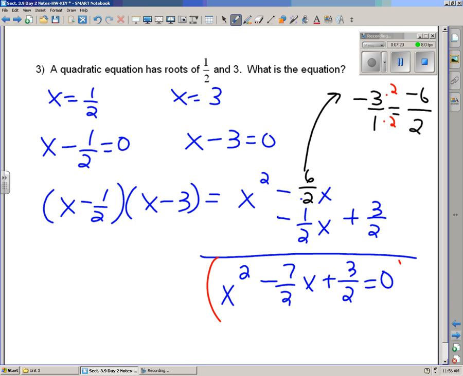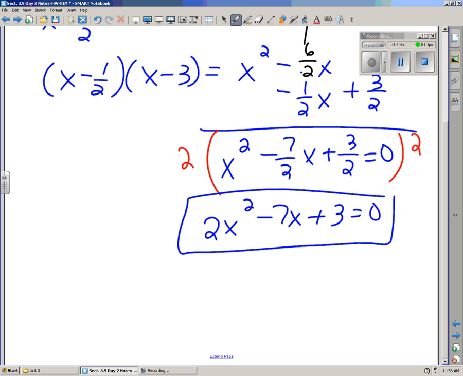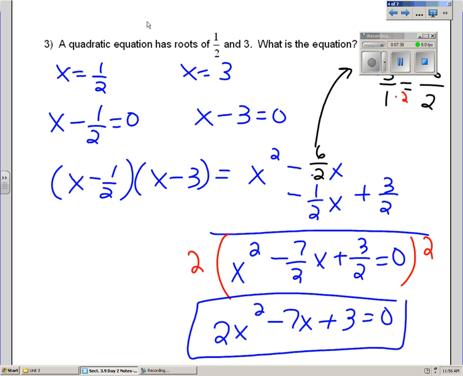So you're going to multiply everything by the least common denominator, which happens to be 2. And by doing that, you end up with 2x squared minus 7x plus 3 equal to 0. This right here is your final answer.